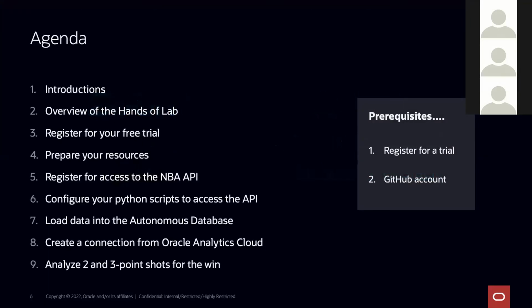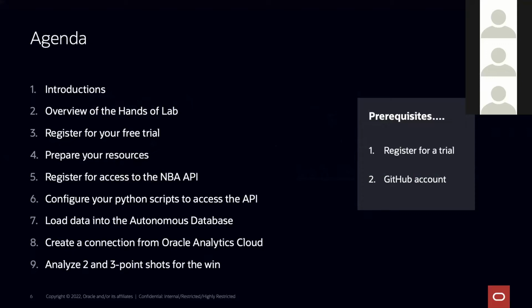So we're going to go through and do some introductions and an overview of what we'll do today. Like I said, we're going to make sure that you have access to register and get into that free trial. For this lab, the recommendation is to have a free trial. If you are an existing OCI customer or you want to try to implement in an existing tenancy, please submit a Q&A.